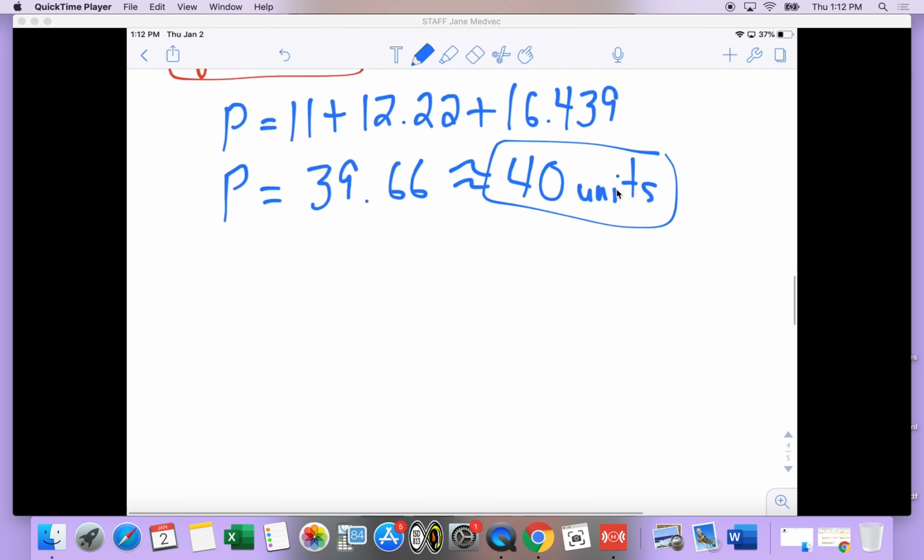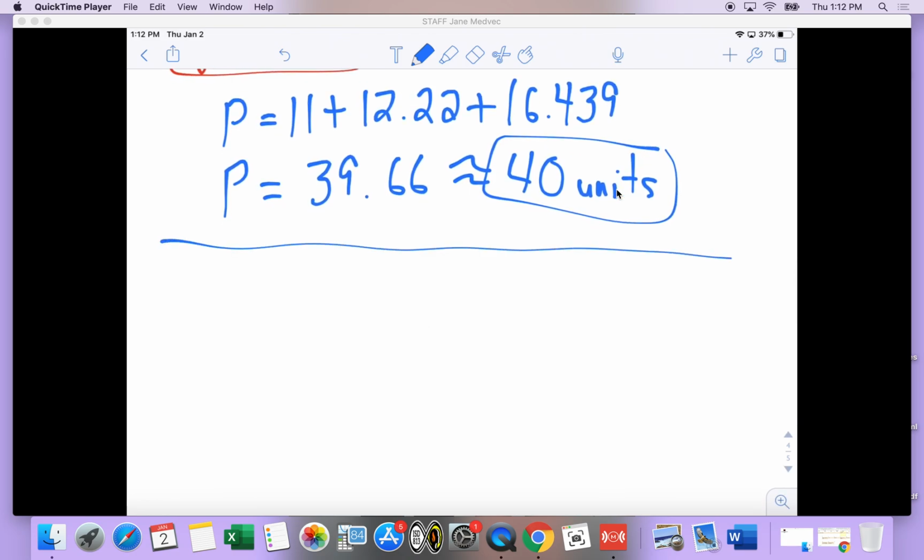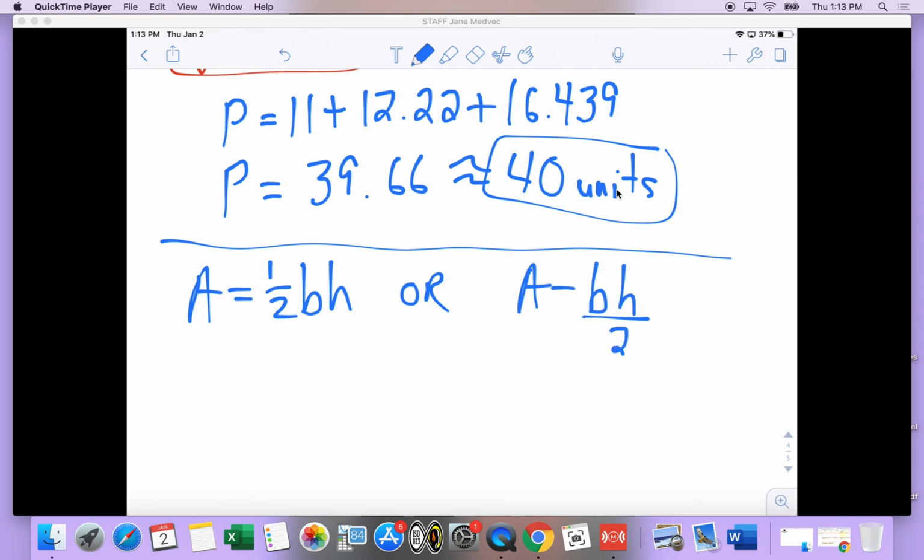In your assignment today, they're asking you to find the area. So again, area equals 1/2 base times height, or area equals base times height divided by 2.